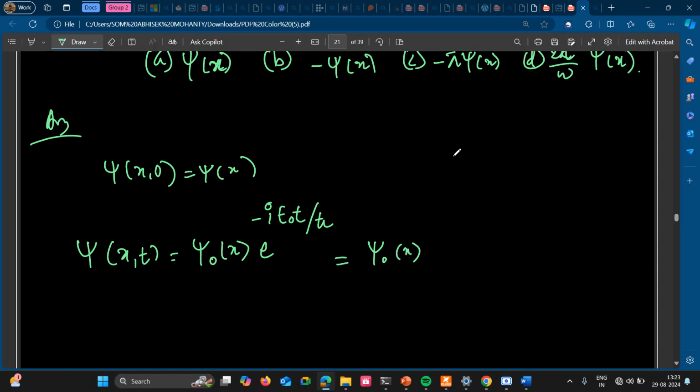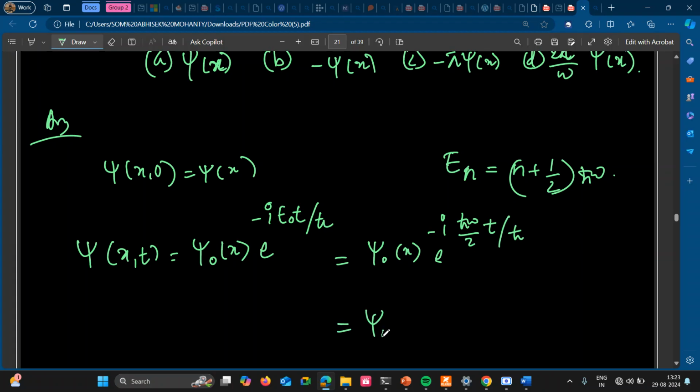E n for the harmonic potential is (n plus half) h cut omega, so E naught is half h cut omega. So e to the minus i h cut omega by 2 times t by h cut, which gives psi naught x e to the power minus i omega t by 2.